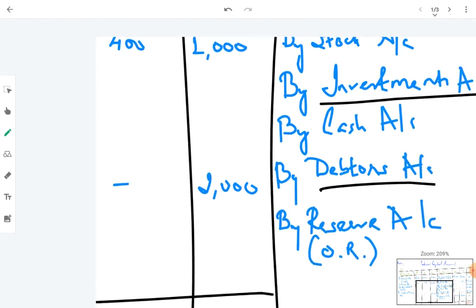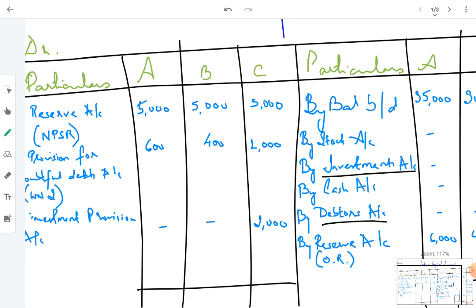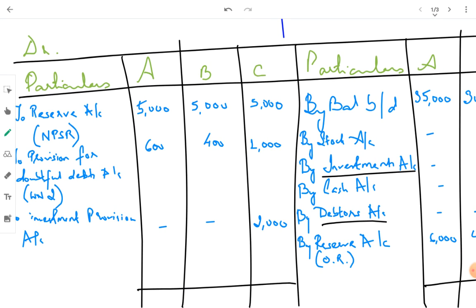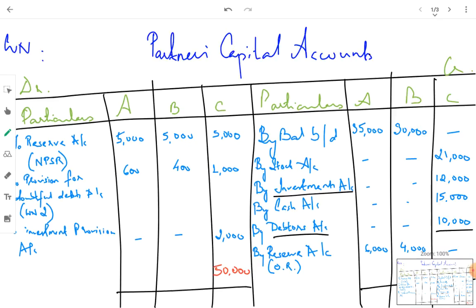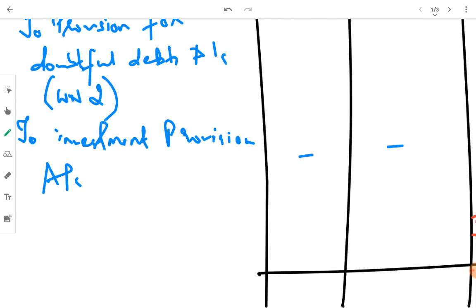On the debit side, you have minus 5,000, minus 1,000, minus 2,000, and the final balance carried down is rupees 50,000. Okay, so by balance carried down in case of your partners, to balance closing down is going to be rupees 50,000 for C.